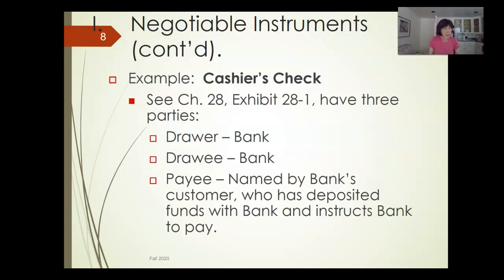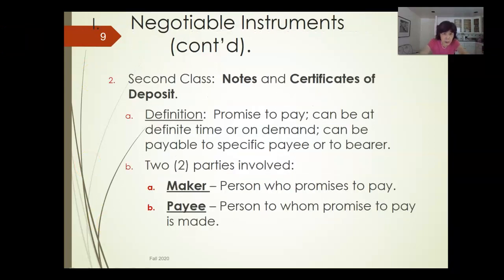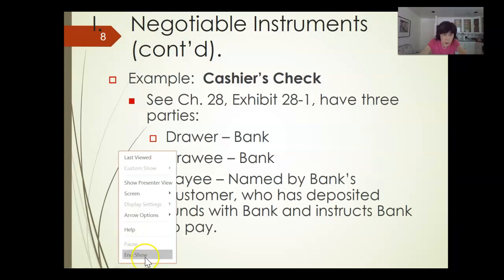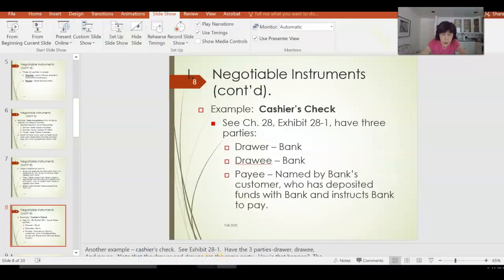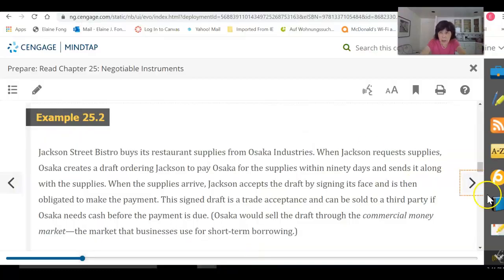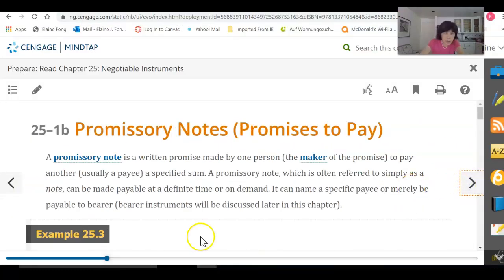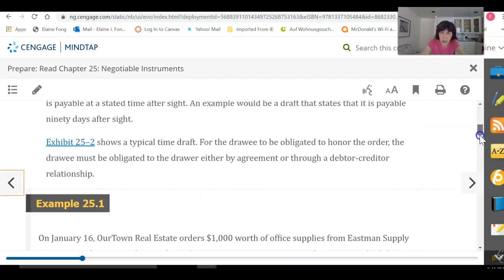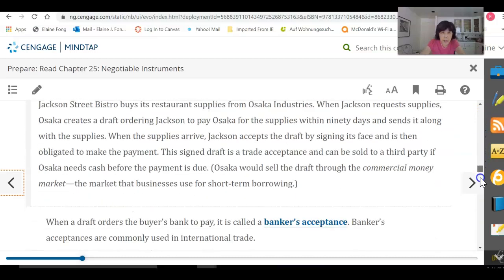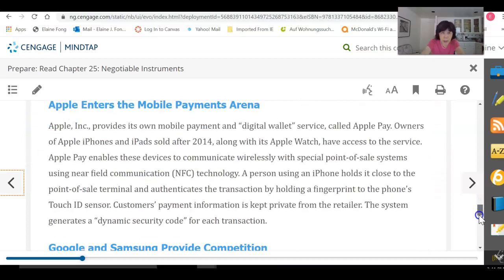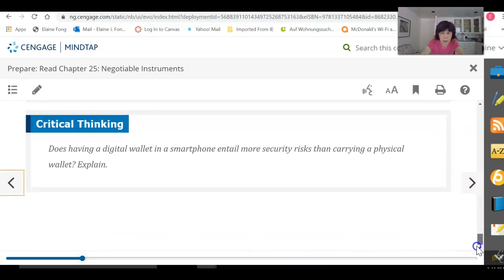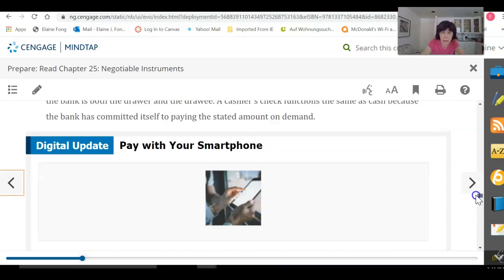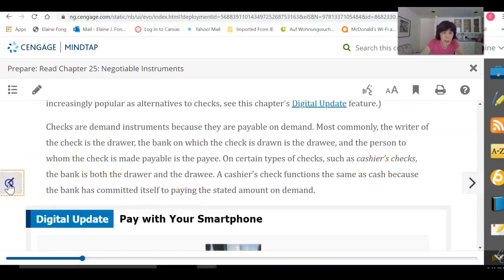So my comment about a cashier's check, actually I probably can show it to you. Let me go out to your textbook. Sorry, did the wrong thing there. Let's go back out to your textbook and get it up on the screen. Went too far, class. Probably should just scroll down the page. There should be an example after the trade acceptance. Did I miss it? Maybe it's back this way.